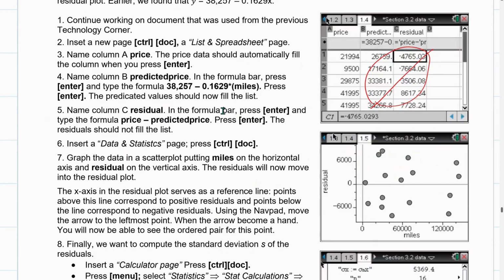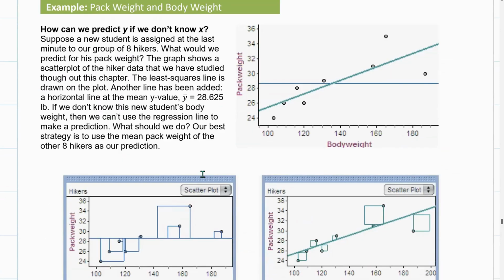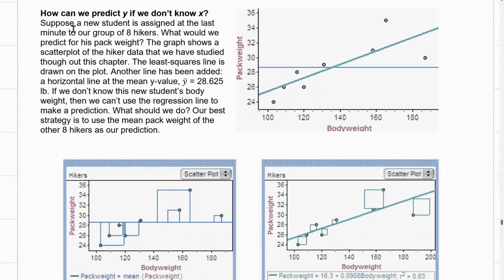All right. Let's do one more example. It says, in this last example, suppose a new student is assigned at the last minute to the group of 8 hikers. How would we predict their backpack weight? Well, we know how to predict it using the line if we have a body weight.